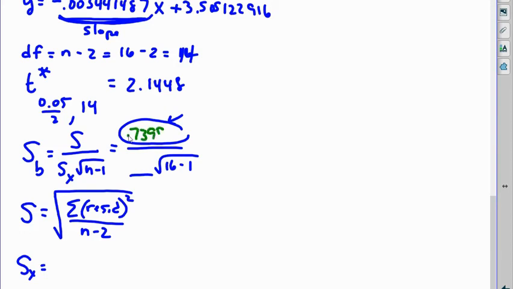Didn't leave a lot of room for myself, but I'll try to squeeze these numbers in. There's my standard deviation of my residuals, and the standard deviation of the observed x values.